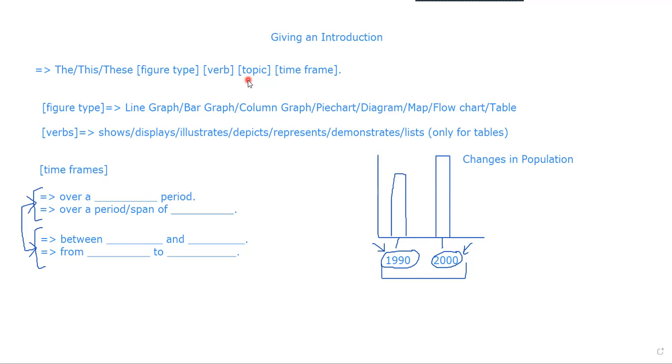Hello, Rafat, can you hear me? Yes, sir. What is the topic? Entire 10 years. No, that is the time frame. Like we said a bit earlier, kindly pay attention. The topic is what information you are being shown.